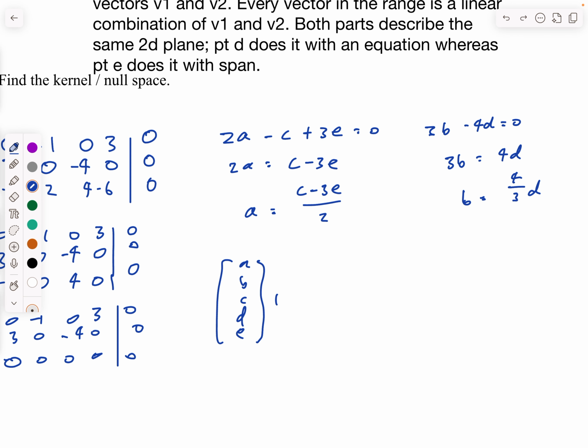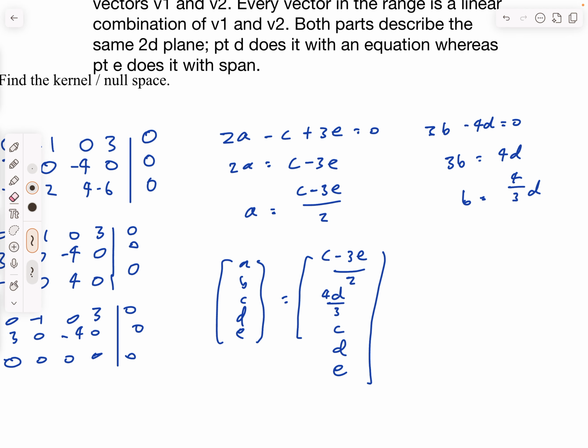And then with our new understanding of some of the definitions of these, we can plug in their equivalents, and B, remember, is equal to 4D over 3, and then C, D, and E are independent, so they remain unchanged.